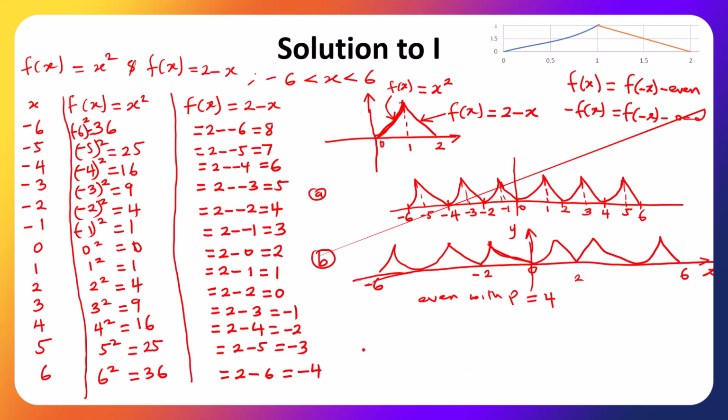So finally, we are to consider a case where f of x is odd and periodic of period 4. So like I said before, neither f of x equals x squared nor f of x equals 2 minus x is odd, but we know the basic function.